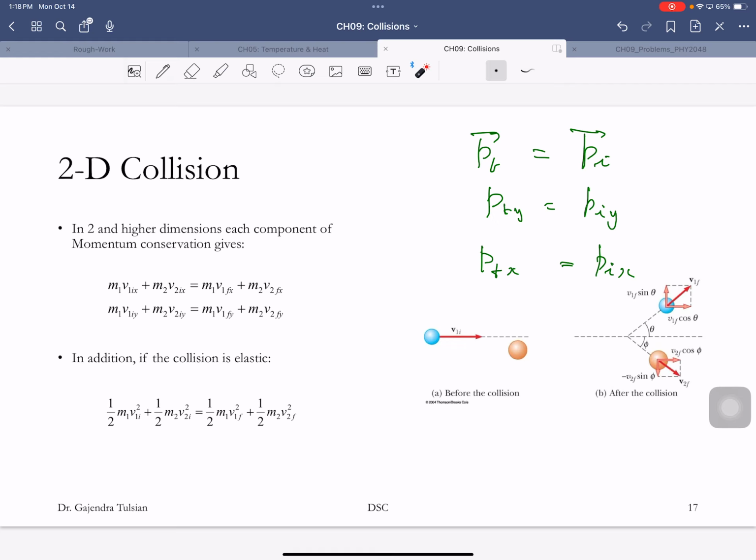It turns out that you can prove this. If the two masses are equal and the collision is elastic, do you guys know what is the angle between these two guys? I'm sorry? It'll be 90 degrees.